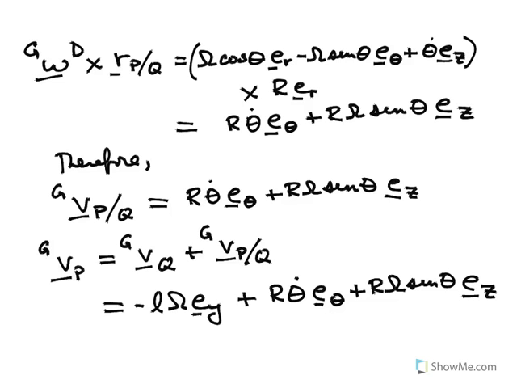And you can see that I've divided this up into two parts. One is the part that describes how point Q moves, and the other one is how P moves relative to Q. And we're going to keep these things split this way.